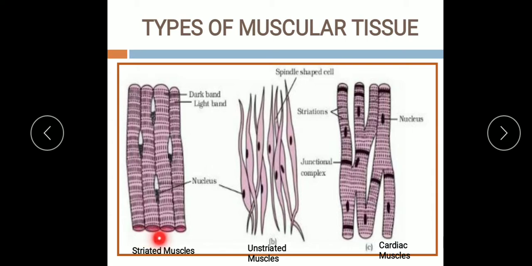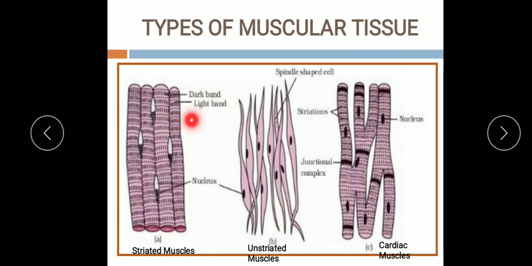Now these muscles consist of long, narrow, cylindrical, unbranched fibers with blunt ends, and the myofibrils show alternating light and dark bands. So you can see narrow, cylindrical, unbranched fibers, and myofibrils form dark and light bands.